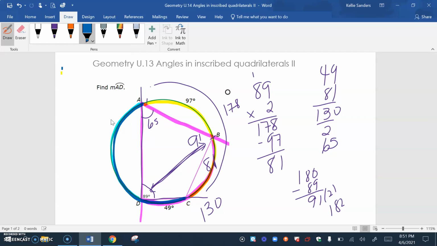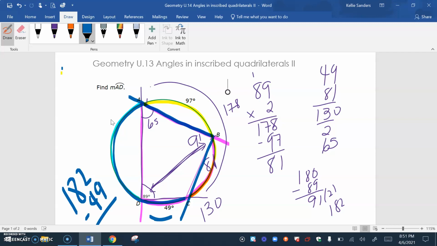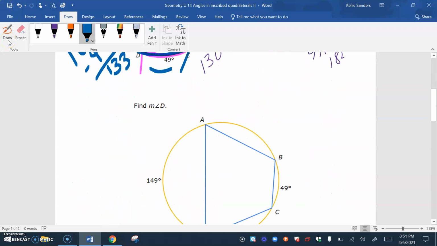All of this is 182 because of the 91. And since this is 49, we would subtract, and this arc is 133. I probably should have done that to begin with. I tried to make it too hard. I did make it too hard.